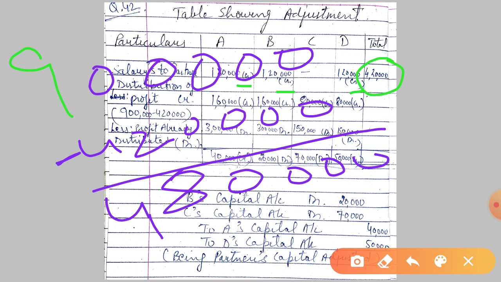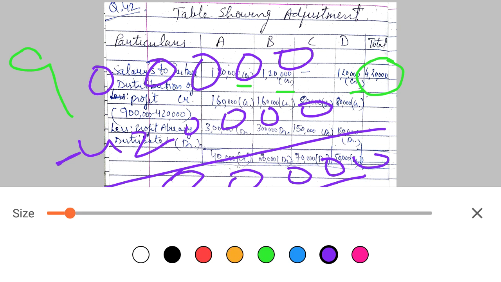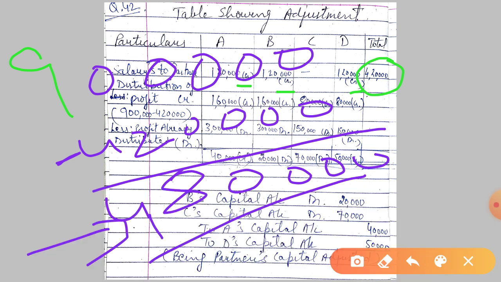So this 4,80,000 will be distributed among the partners. Okay, where did I get this amount from? Because 9 lakh was our profit, and if I distribute salary out of that profit, this will be the remaining amount, 4,80,000.